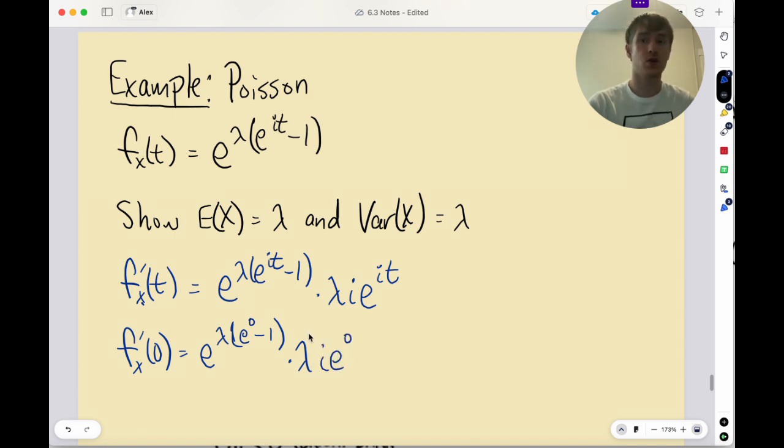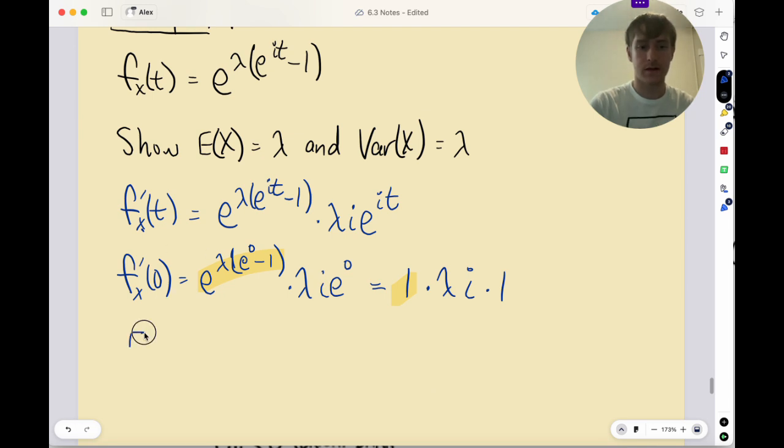Well, e to the 0 is 1. 1 minus 1 is 0. 0 times lambda is 0. e to the 0 is 1. So this is going to end up just being 1 from this term, right? This term is 1 times lambda times i times another 1. Okay?